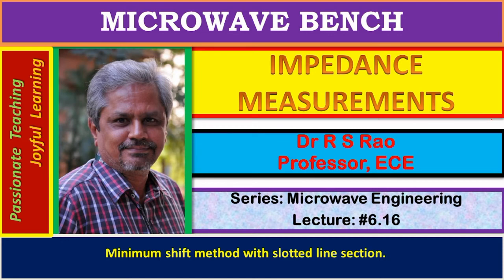Voltages and currents are not at all useful. Hence, the techniques and instruments used to measure impedance at low frequencies cannot be used at microwave frequencies. New techniques got developed.